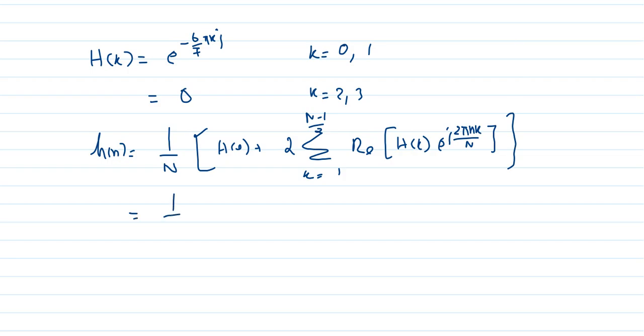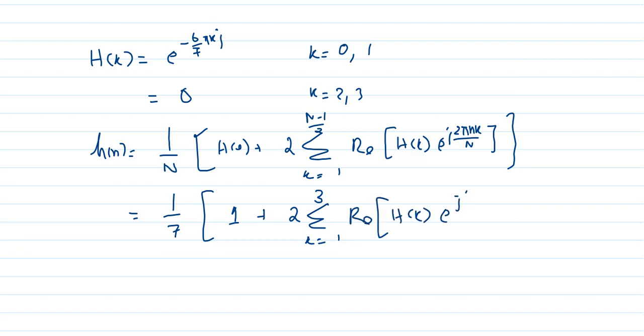For our case, n equal to 7. So 1 by 7. What is h of 0? When you put k equal to 0, this is 1. So 1 plus 2 times the sum for k equal to 1 to 3, since n is 7, 7 minus 1, 6 by 2, of the real part of h of k e power j 2 pi n k by 7.